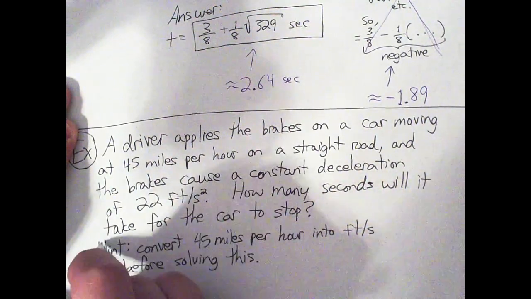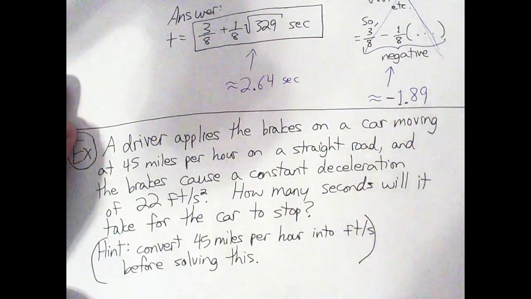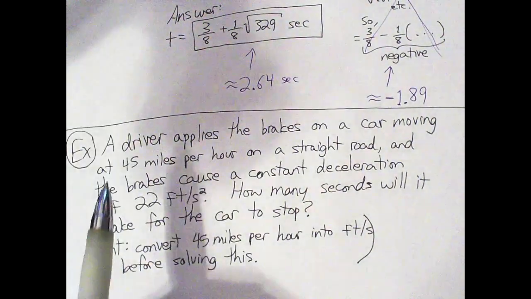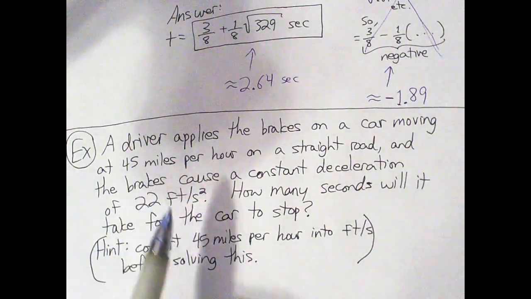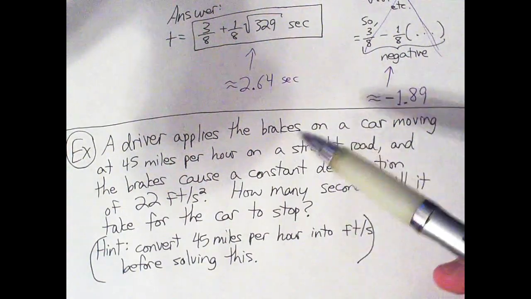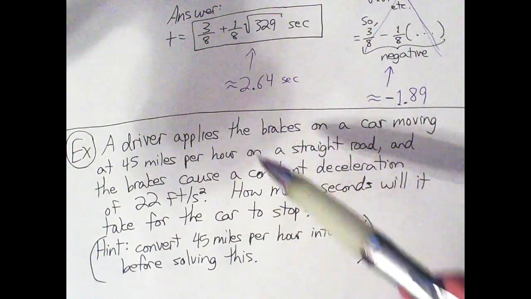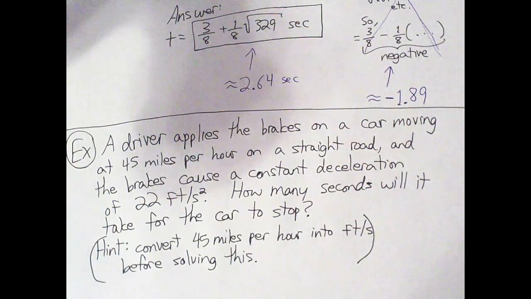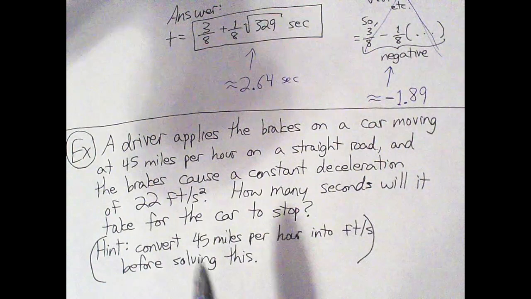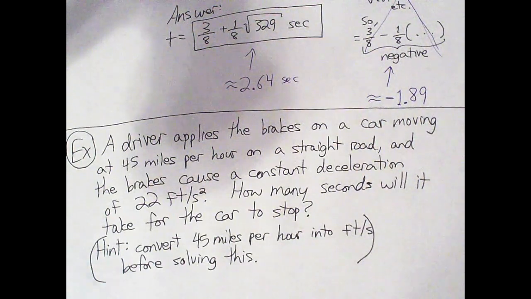This problem gave us one of the distances in miles and the other in feet. One of the times is in hours and the other time is in seconds. So these seem incompatible with each other. In order to make them compatible, we have to convert one of them into the other. I'll let you figure out how to convert those units. Now's a good time for you to pause the video and give this a try.